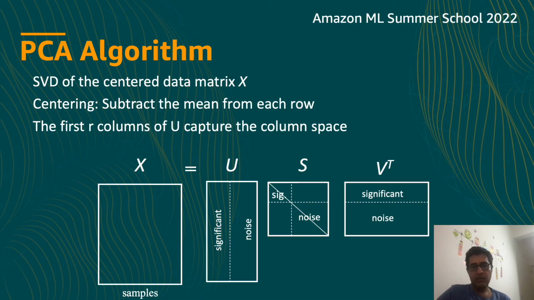In principal component analysis, you are saying that the first R columns of U and the first R rows of V are significant, and the rest is noise, right? In terms of S, remember that this is a diagonal matrix as comes out from SVD, most of your signal is sitting on the top diagonal elements.